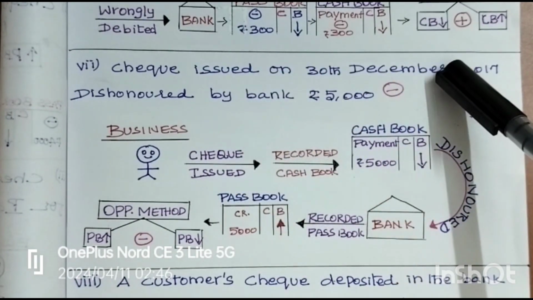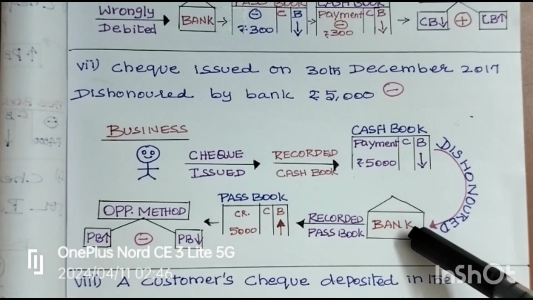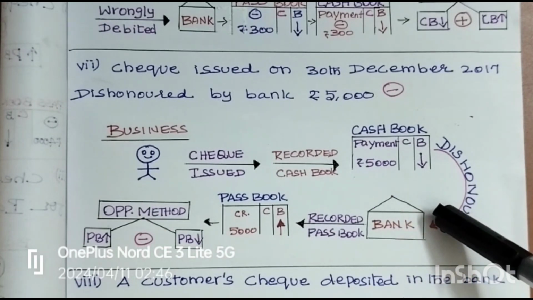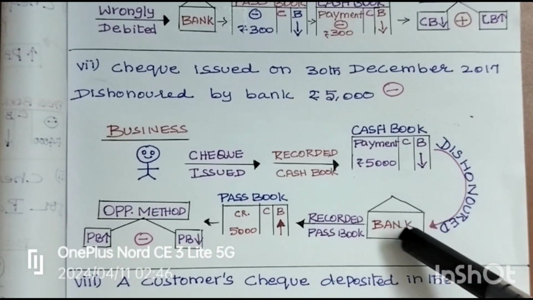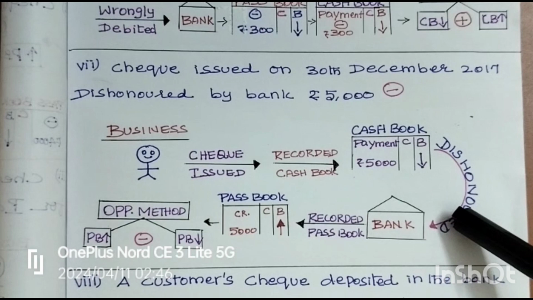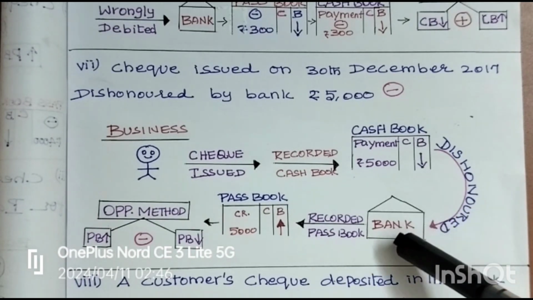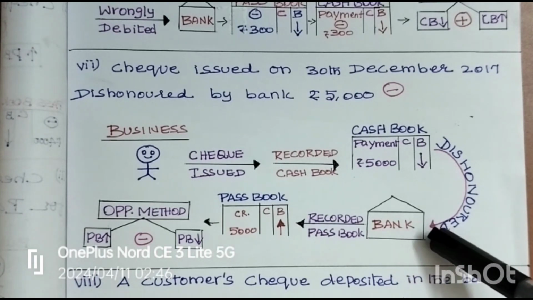You issued the check but you did not maintain sufficient balance in your bank account. So on due date, that deposited check was dishonored because in your bank account you had not maintained the sufficient amount. So that check was dishonored.